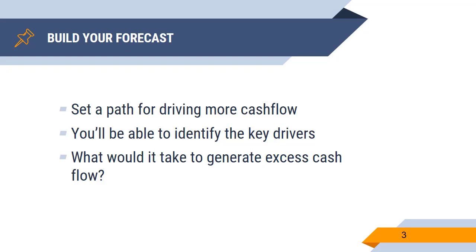Because yeah, your whole business contributes to whether or not excess cash is being generated or not, but then you need to drill down and determine what are those key causes that are making the biggest impact. And what we're going to talk about here is what would it take to generate excess cash flow? Not just keep it, but to generate more and to expand and to do more in the business, because we're starting to generate excess cash flow so we can get the things that we want.